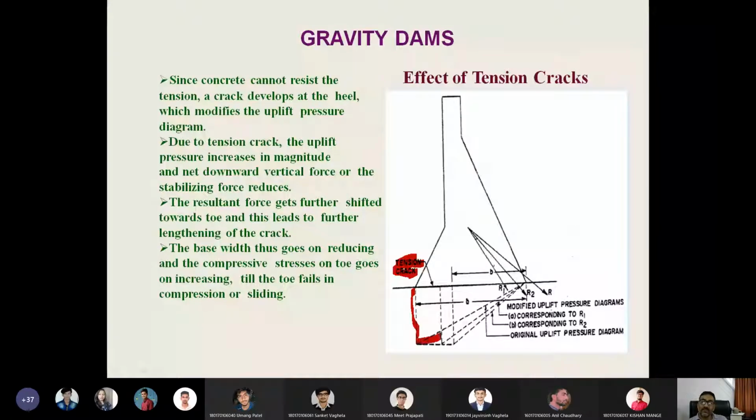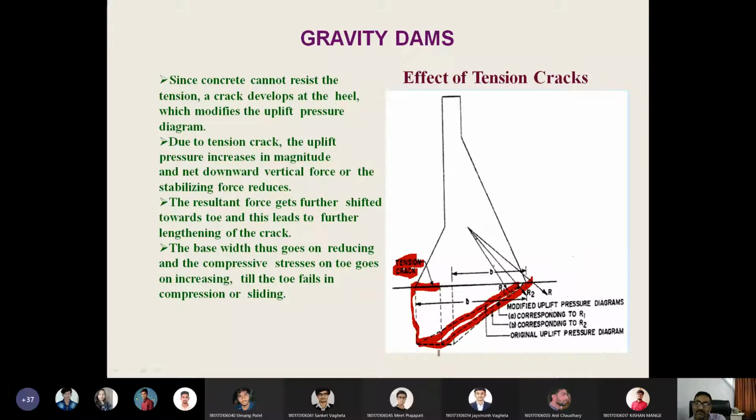I draw it for you. This is the uplift diagram. But when there was a tension crack earlier of this length, then we have to take this horizontal up till here and then take a straight line down to the toe point like this.